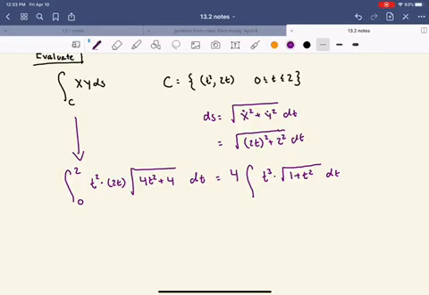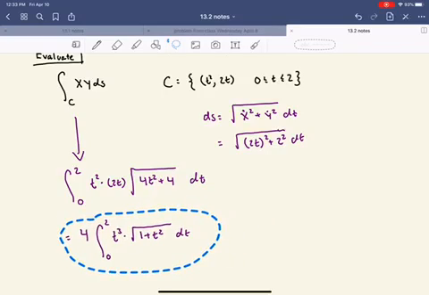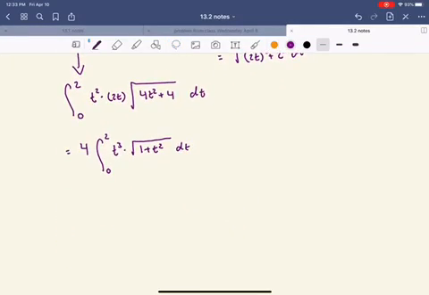Okay, so how am I going to integrate this? Well, I'm going to integrate this with a substitution. Let's not forget that 4 in front. Let's do a u sub.